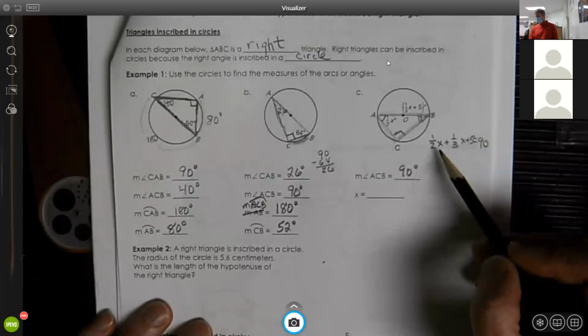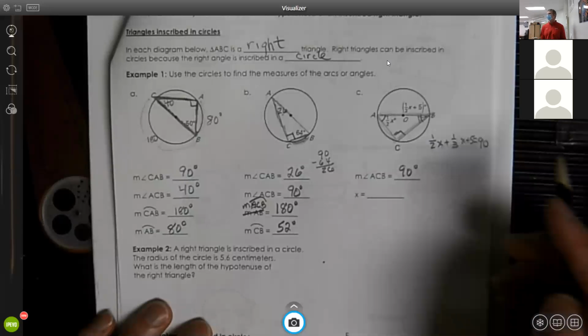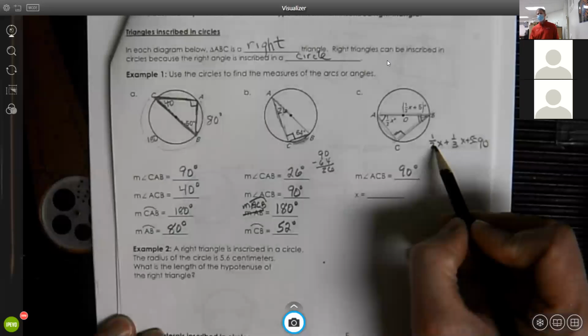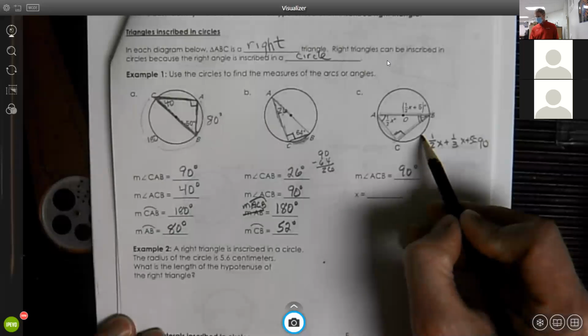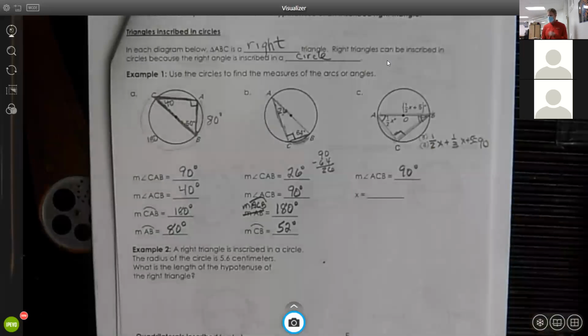So remember, to get them to be common denominators, it's good if you can think of a number that both 2 and 3 go into. So they, of course, both go into 6. So if they both go into 6, we need to make the denominator 6. So we're going to multiply the top by 3 and the bottom by 3. That's multiplying that fraction by a value of 1, and 1 doesn't change its actual worth. It just makes it look a little bit different.